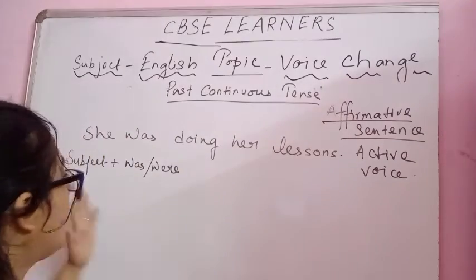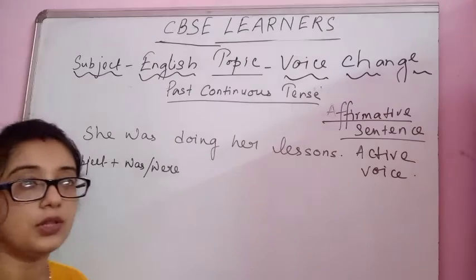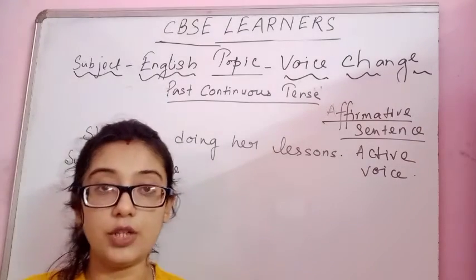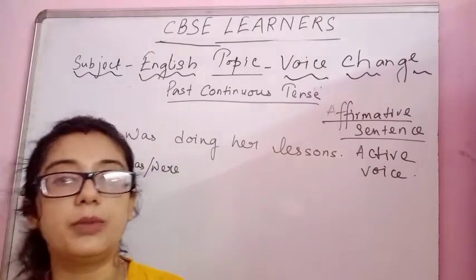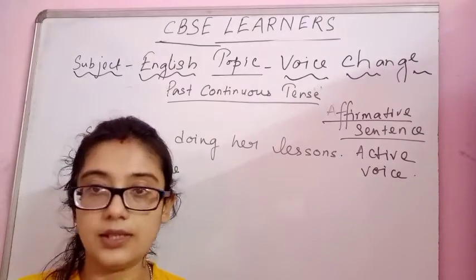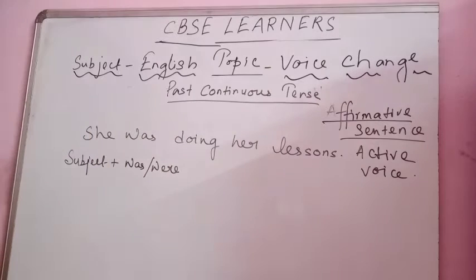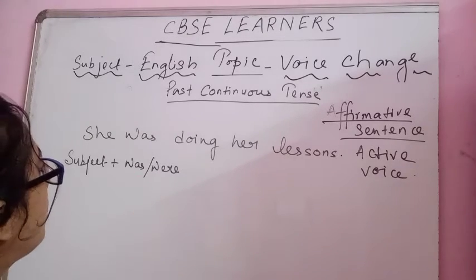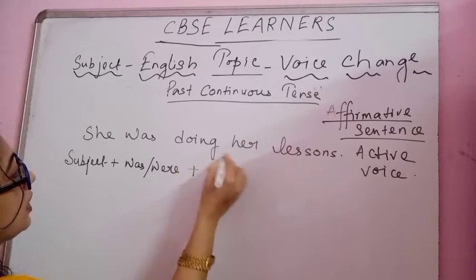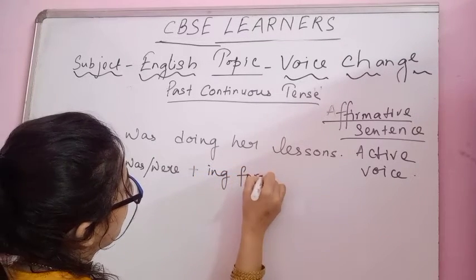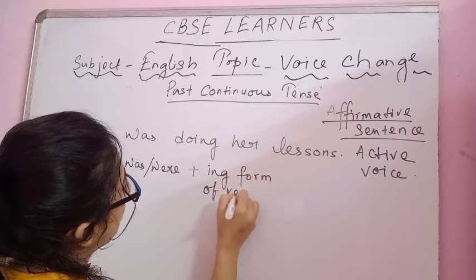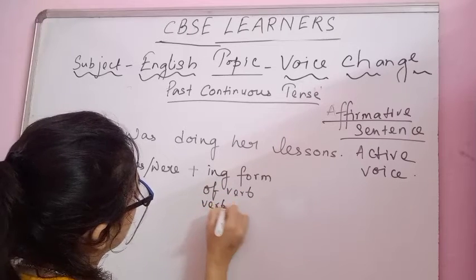So it depends on the number of the subject. We use was in case of first person singular number and third person singular number, and we will be using were in case of plural numbers. So subject plus was or were plus ing form of verb.